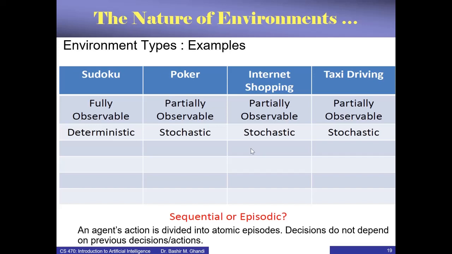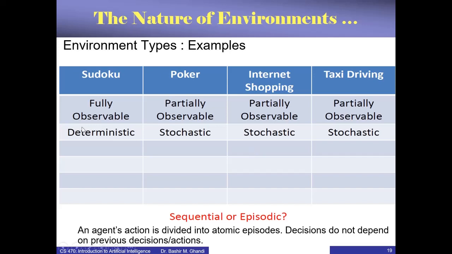So purchasing item A, then item B, then item C is the same as purchasing C, then B and A. Each of these is independent, so it can be considered episodic. Purchasing one item doesn't affect the purchasing of another item. He has to purchase each one of them anyway, and the order is not important.